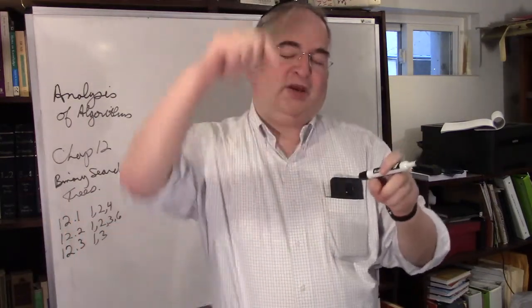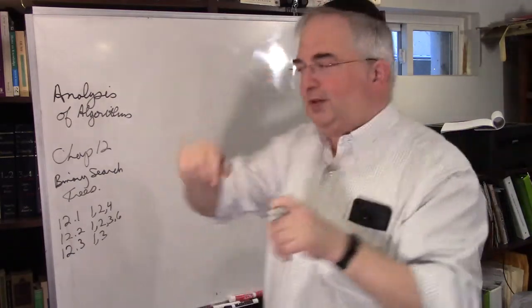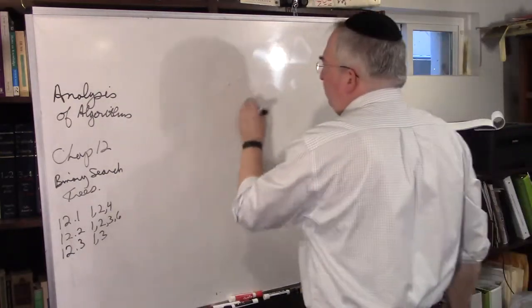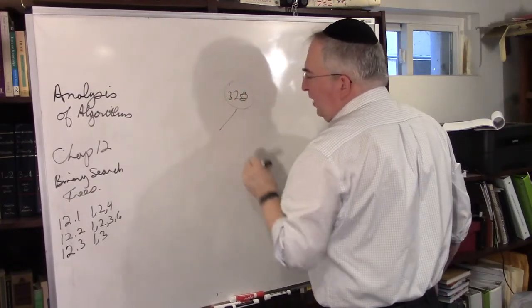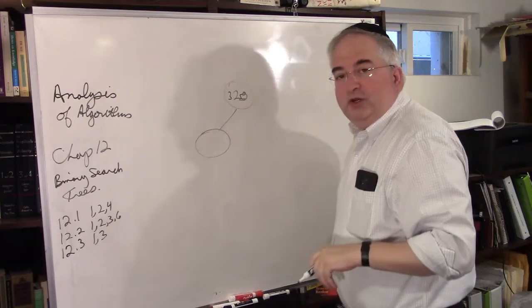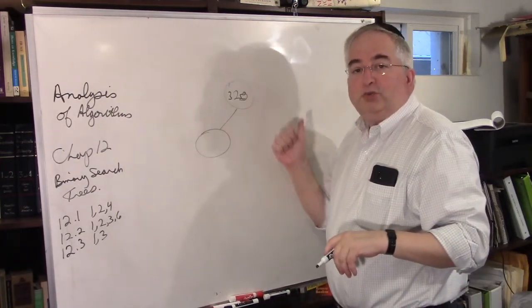If you have the number 320 here and you go this way, I don't know what number you're going to find there, but you're never going to get a number larger than 320.